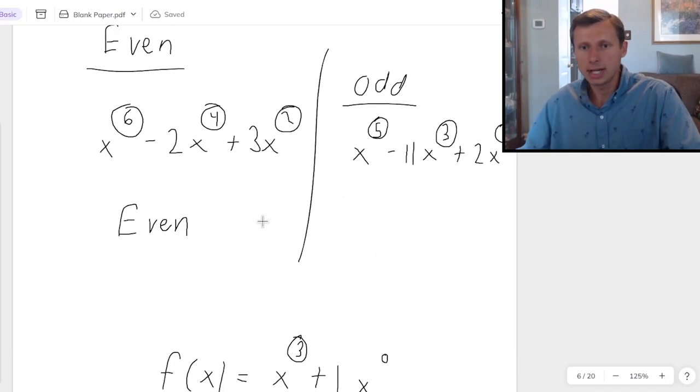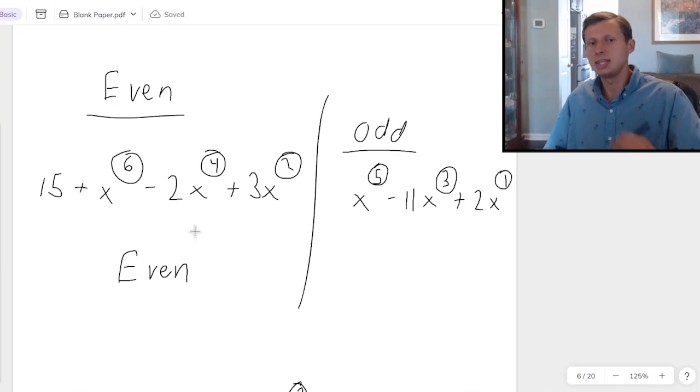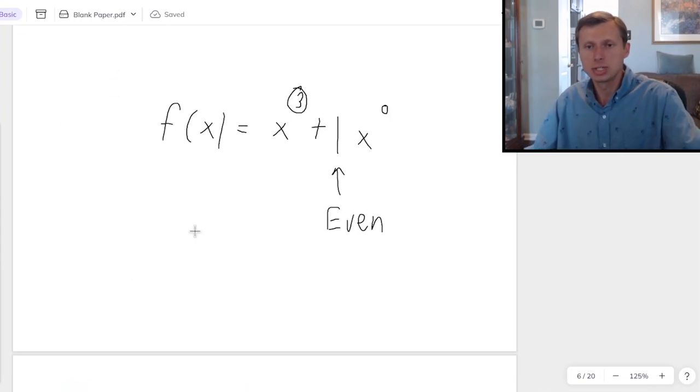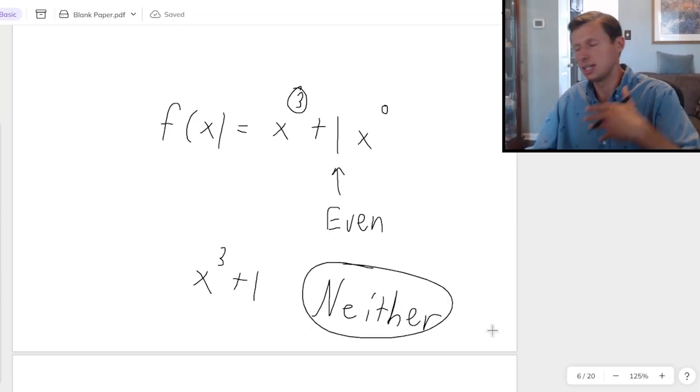So in other words, going back to my previous example with x to the 6th minus 2x to the 4th plus 3x squared, if I put a 15 out in front, 15 is a constant. I don't care that it's an odd number, that doesn't matter. Just the fact that it's a constant means it still fits in the even family. So in other words, the answer to this one, x cubed plus 1, is that it's neither, because it breaks the rules of both even and odd.